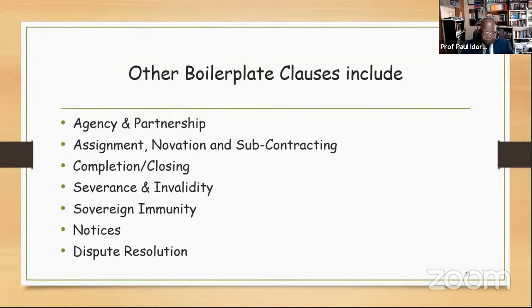If it's possible, the court will sever the parts that are invalid to give life to the main contract. Sovereign immunity, I find this very, very interesting, especially in relation to our Chinese contract. A while ago, the Minister of Transportation was almost mobbed by Nigerians for this purpose.